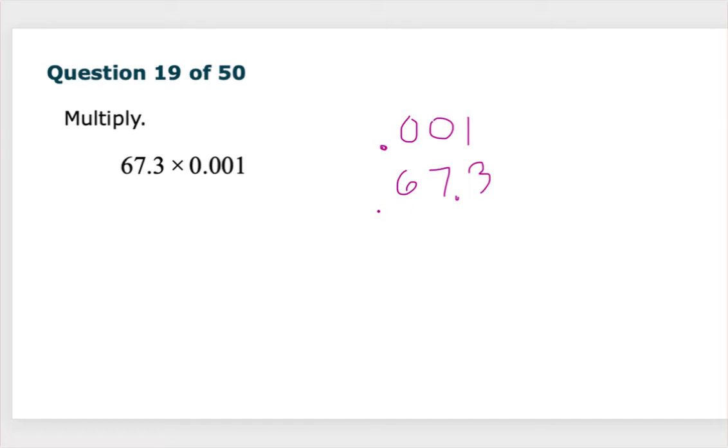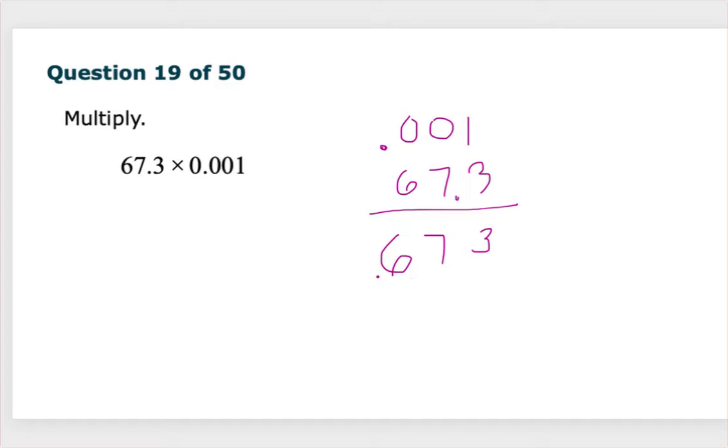I could have put it the other way if I wanted to. Basically, it's going to be 1 times 3, 1 times 7, 1 times 6, and how many decimal places? 1, 2, 3, 4 places behind the decimal.